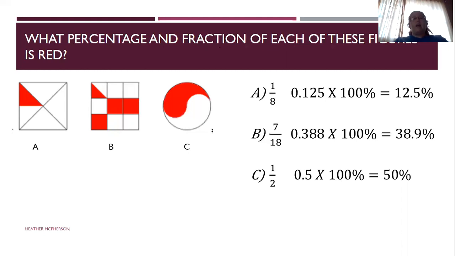In order to get the percentage, if you do the fraction 1/8, you come up with 0.125. You multiply that by 100%, which equals 12.5%. And the same with B, you have a square that is split into 9 individual squares.